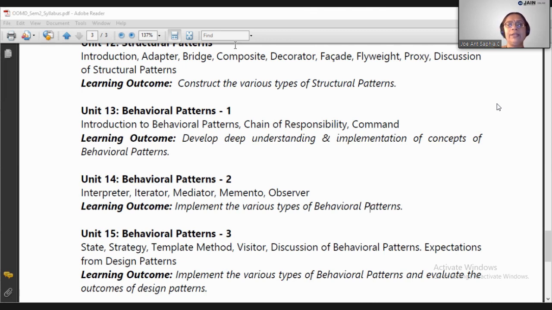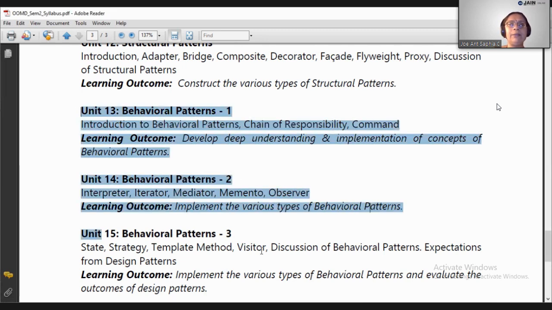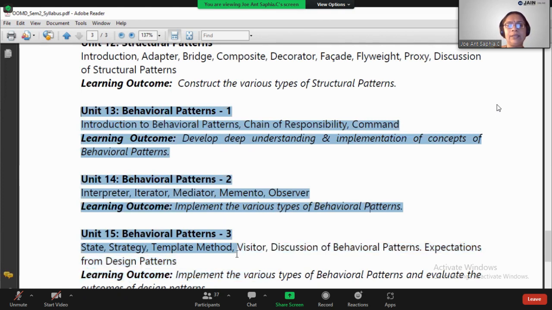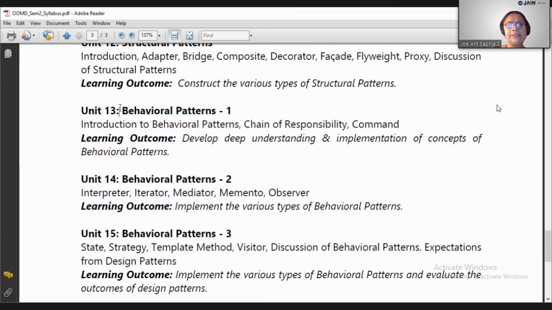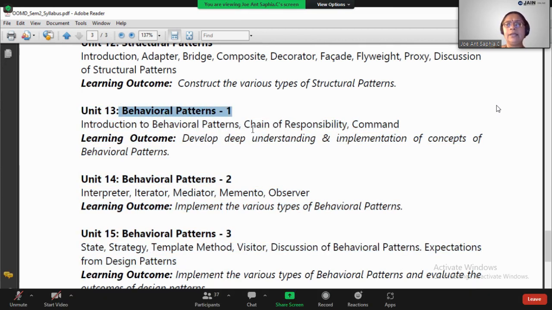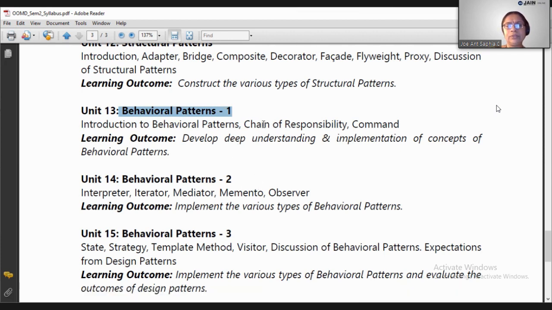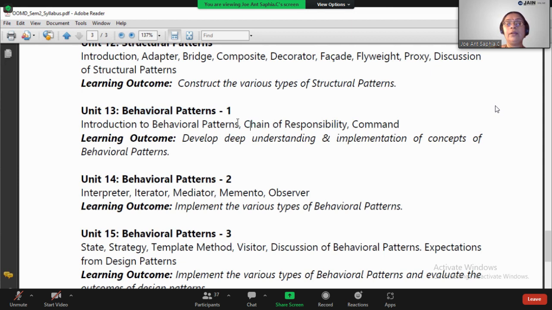For example, behavioral patterns come in 3 units, right? Just describe behavioral patterns. What is the number of patterns in the behavioral patterns? What are they? And what is the intent of each pattern?